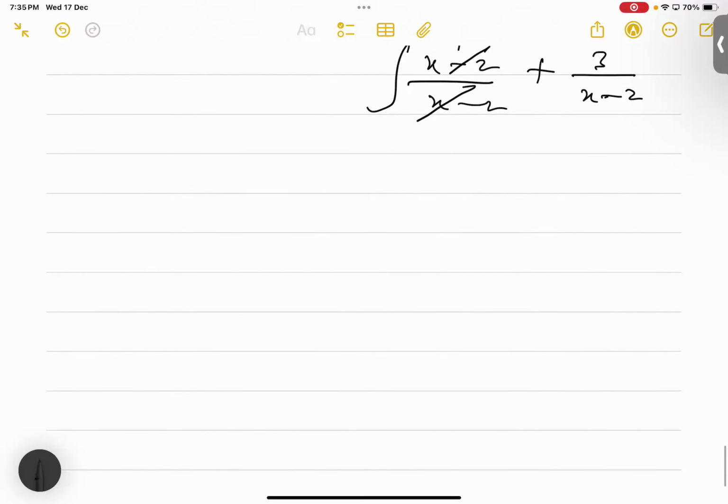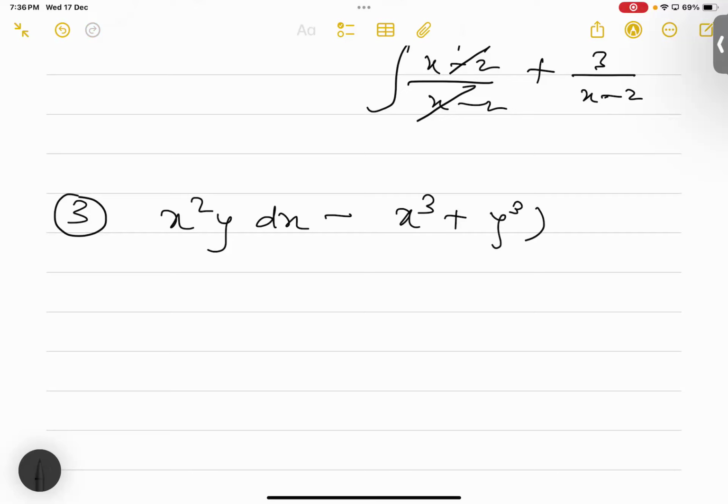So let's go to question number 3. x square y dx, plus x cube plus y cube dy is equal to 0.